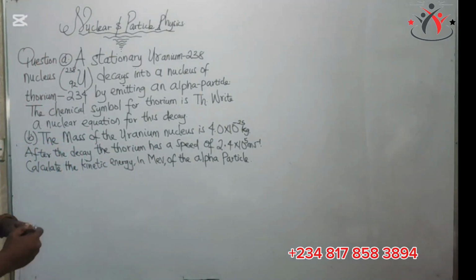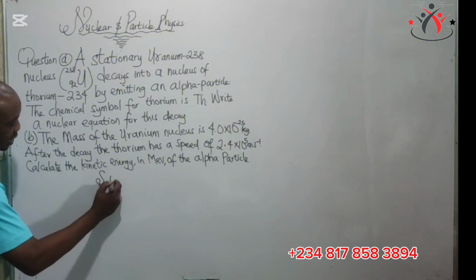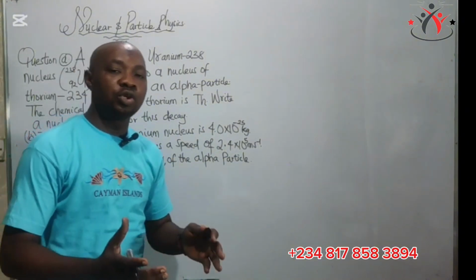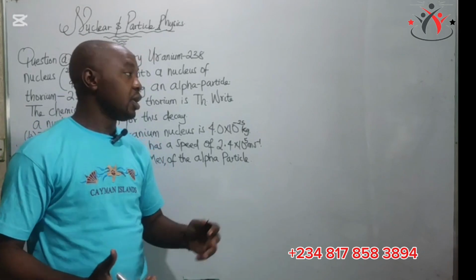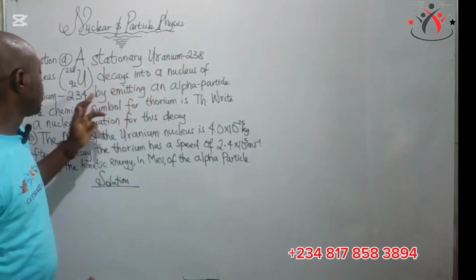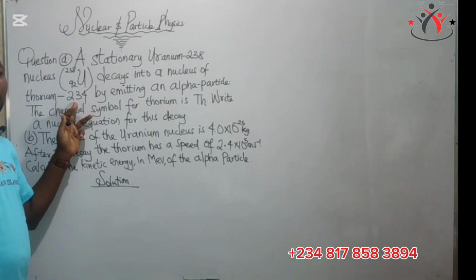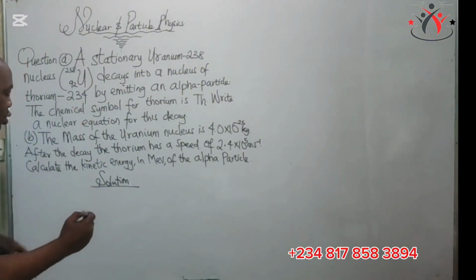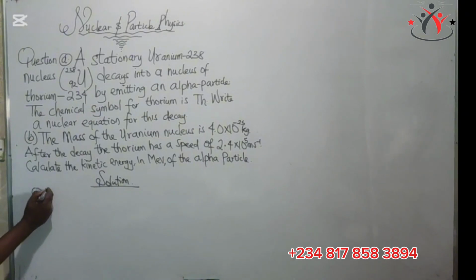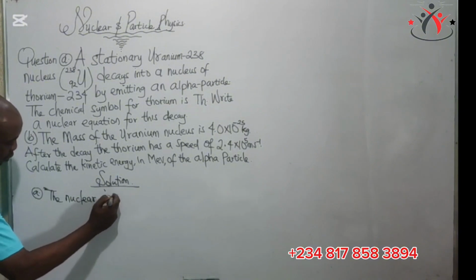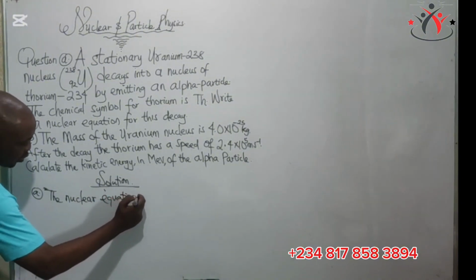All right, now let's do the solution. We want to set up the nuclear equation for the decay of a stationary uranium-238 into a nucleus of thorium-234, which loses an alpha particle. So what is the nuclear equation?